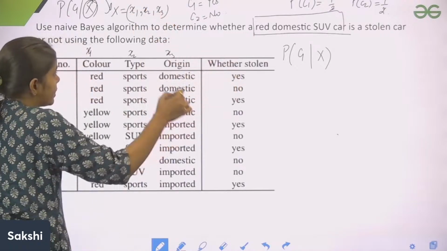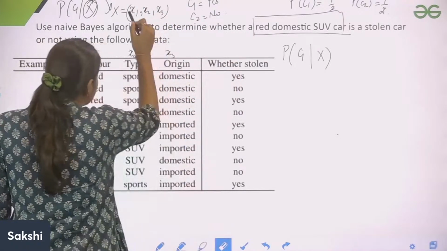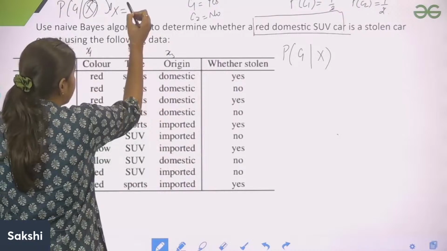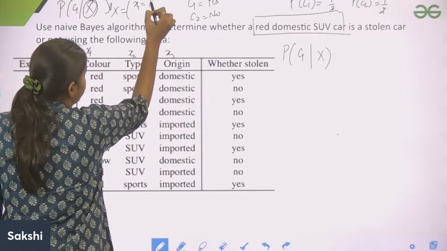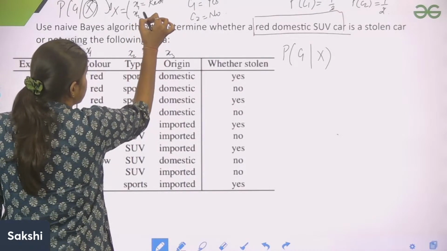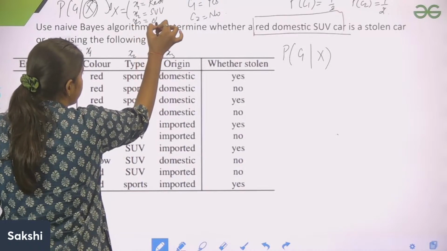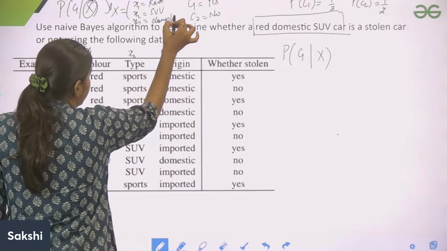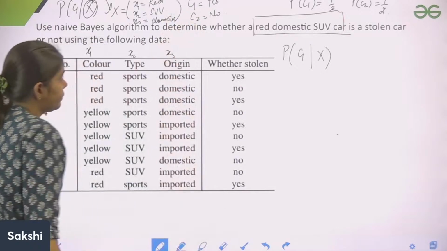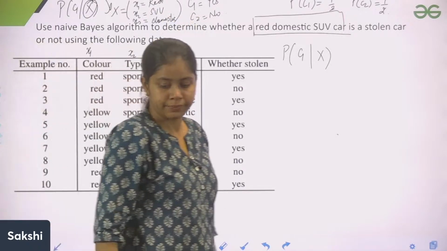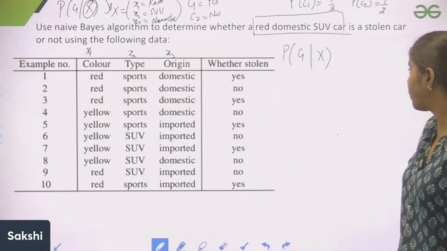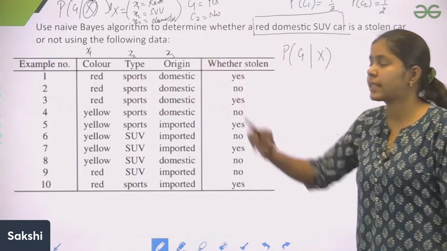Or instead of X1, X2, X3, I can take that X1 is equals to red, X2 is equals to SUV, and X3 is equals to domestic. Right? I have this. Now I have to find out probability of a class given this example X.